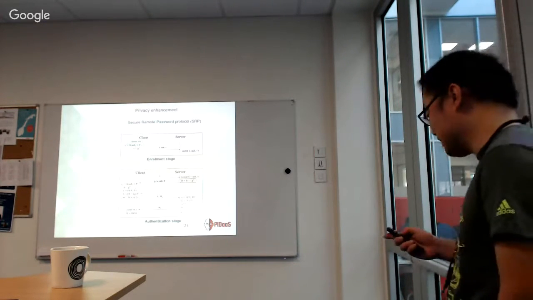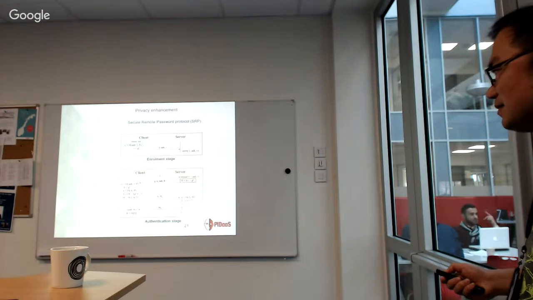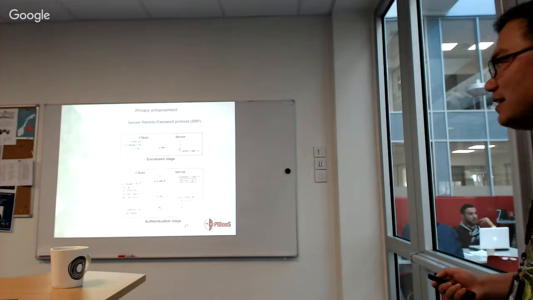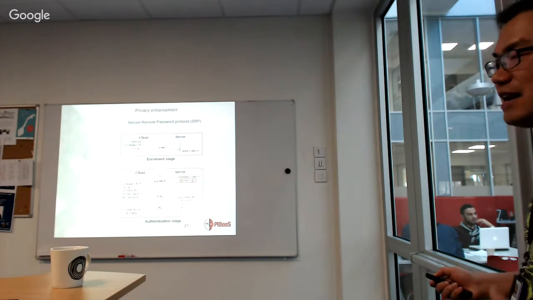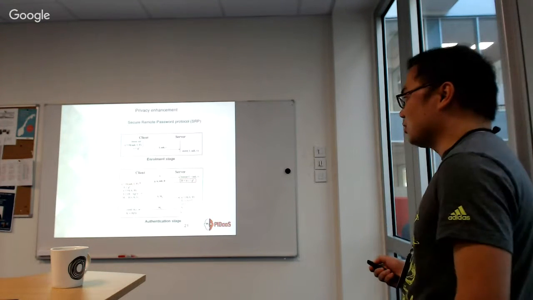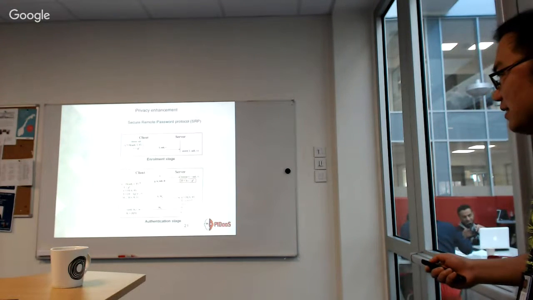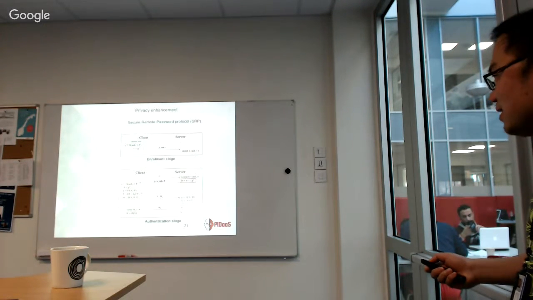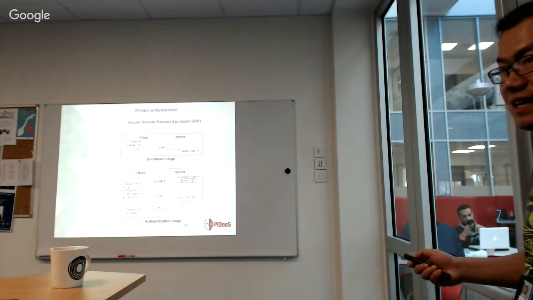The reason is that the public key from the server side contains some secret information from the user, which is the V value, a hash value calculated from the password. P stands for the password.